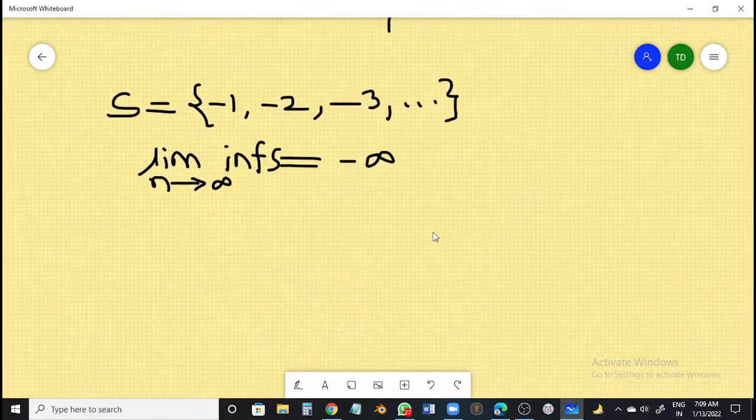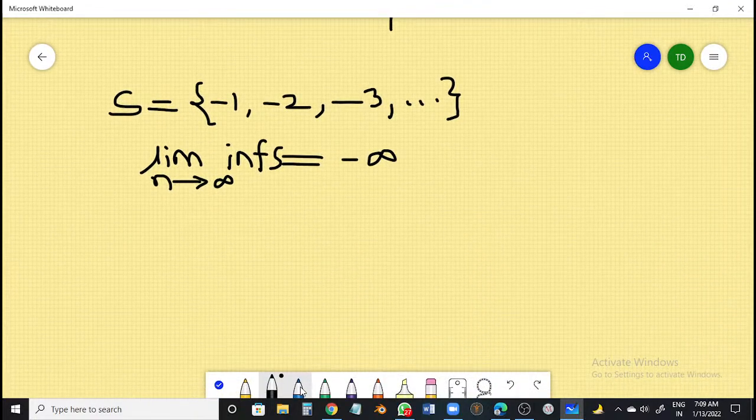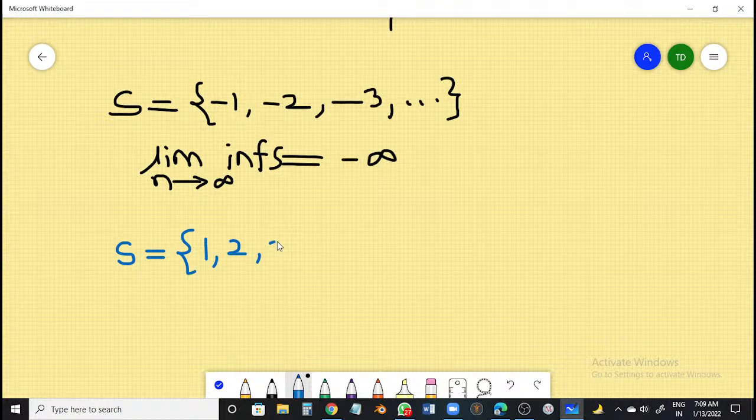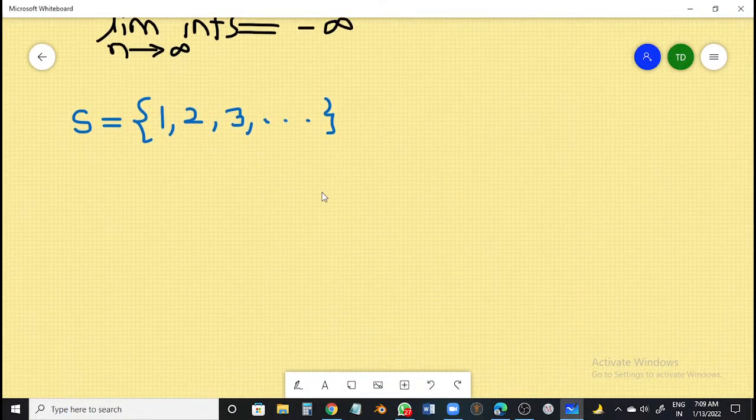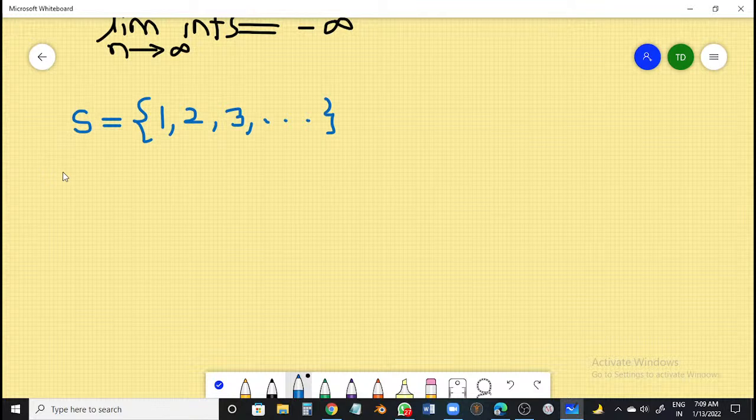Now if I go with another sequence, suppose we go with S equal to, let us take all these terms positive, 1, 2, 3 and so on. Then what is going to happen? What will be small m1?